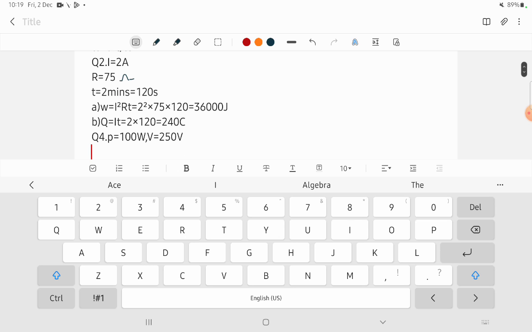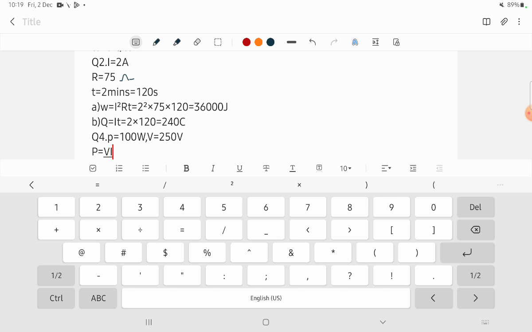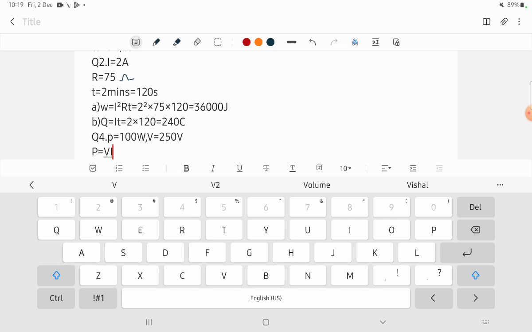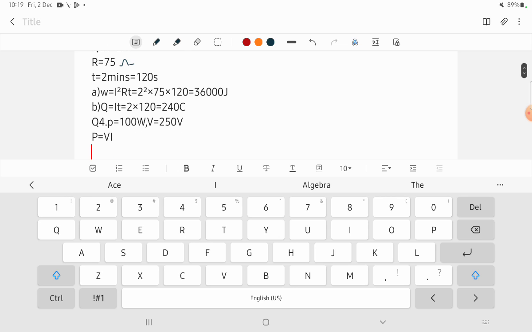So we can find out by using this formula, P equals VI. You have to find out how much current will be drawn.